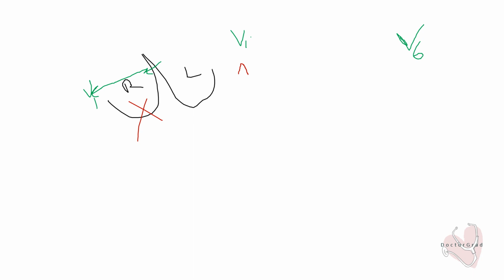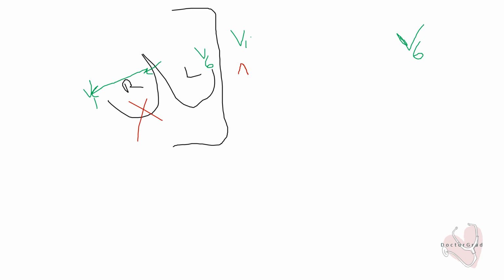What about V6? V6 is looking at the heart from the left side. This is a diagram, don't get confused. This is the diagram and this is where we are drawing the ECG.